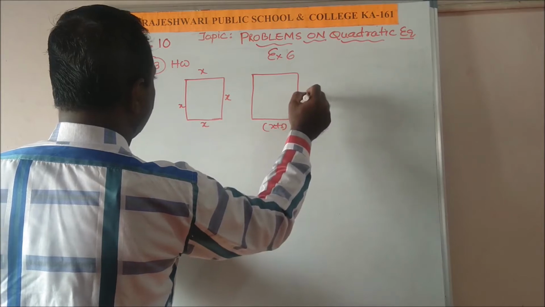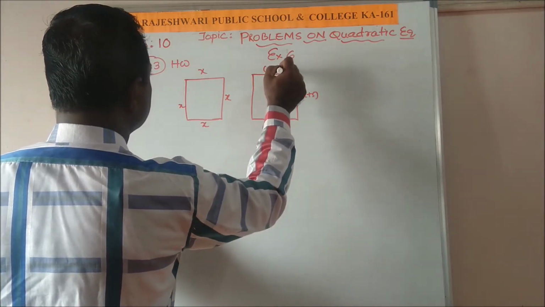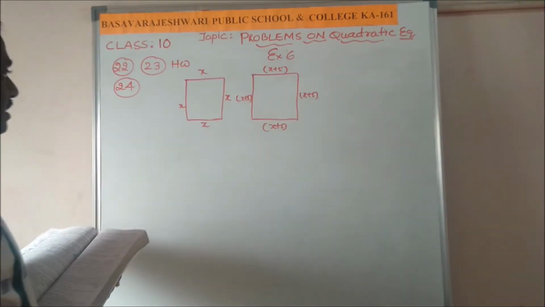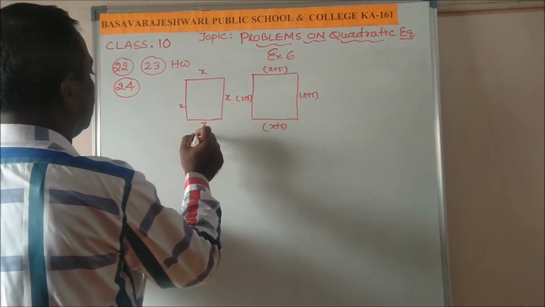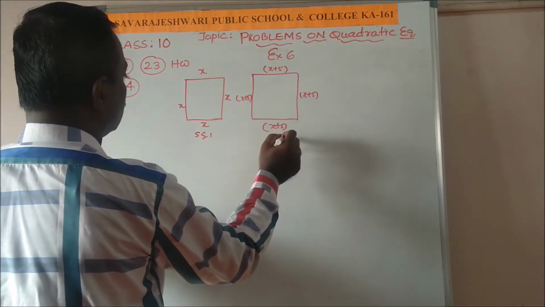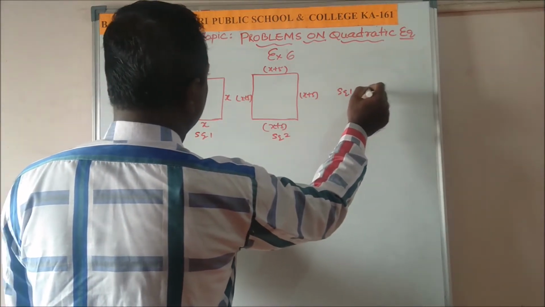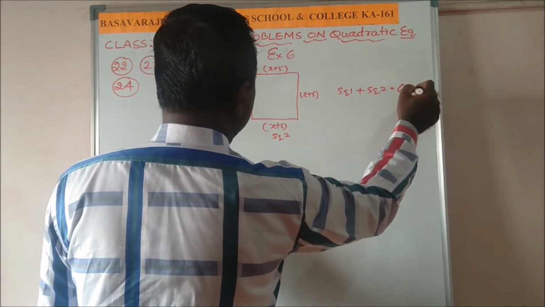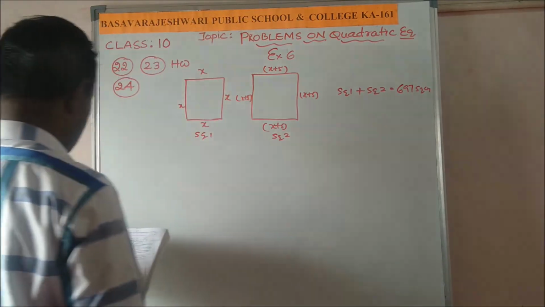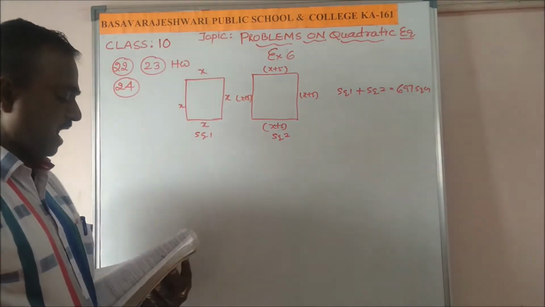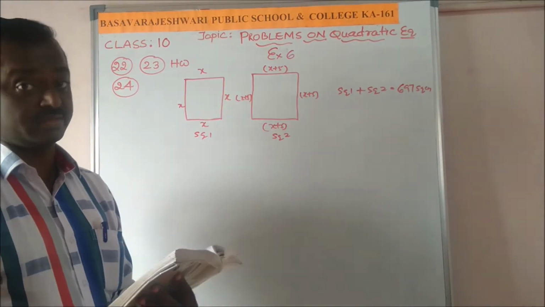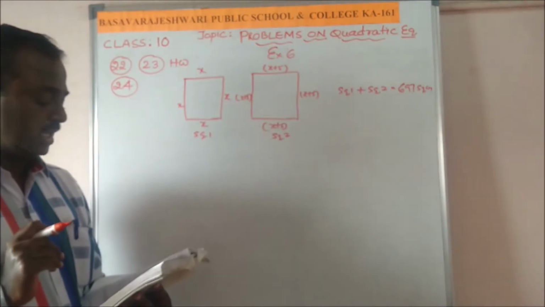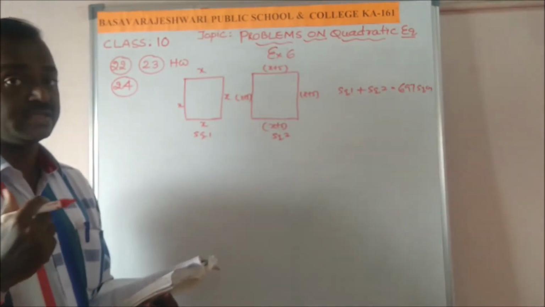The sum of their areas, square 1 plus square 2, is equal to 697 square centimeters. Express this as an algebraic equation in x. That means you have to frame a quadratic equation. Then solve this equation to find the sides of the squares.